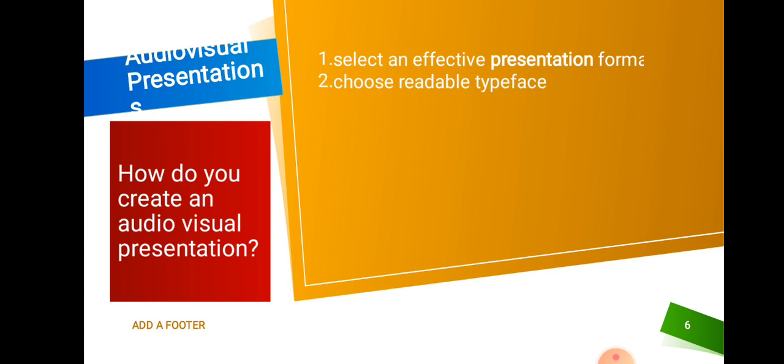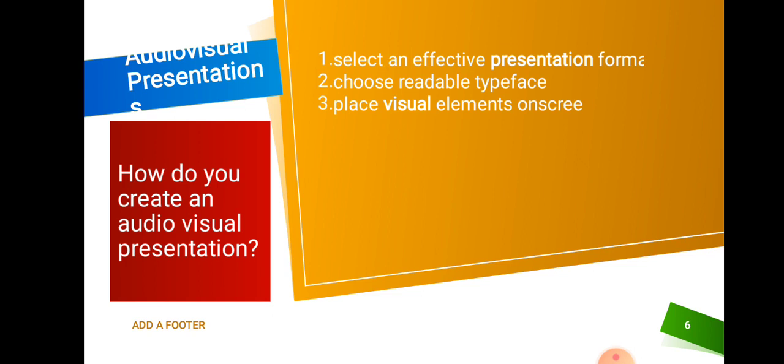Then choose a readable typeface. When you create a presentation, make sure that the fonts you choose are appropriate for the subject and audience, readable from anywhere in the room, and compatible with the computer you'll be using for the presentation.